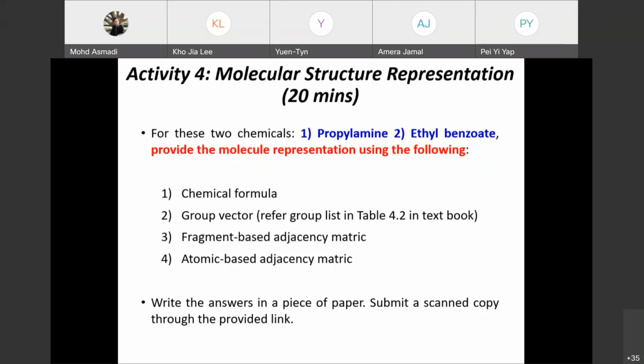I want to say first, number one, you have to write the chemical formula and group vector.